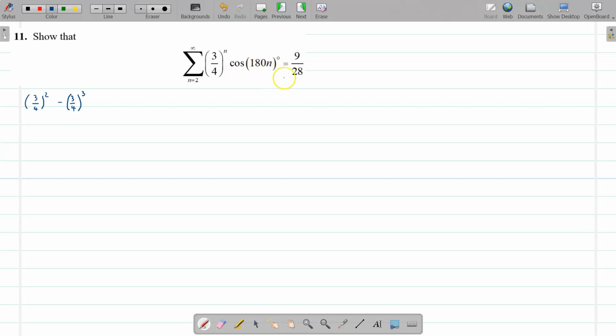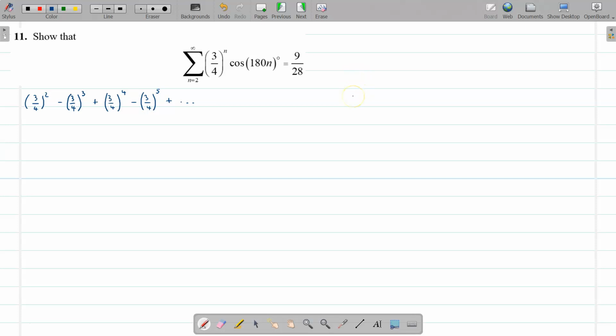So that's going to swing between 1 and negative 1. It starts at 1, it goes to negative 1. But meanwhile, the other part is simply ascending powers of 3/4. So it's going to be plus 3/4 to the power 4, minus 3/4 to the power 5, and so on. So you've got the idea. And it's telling us that when that sequence continues, the sum of the series comes to 9 over 28.